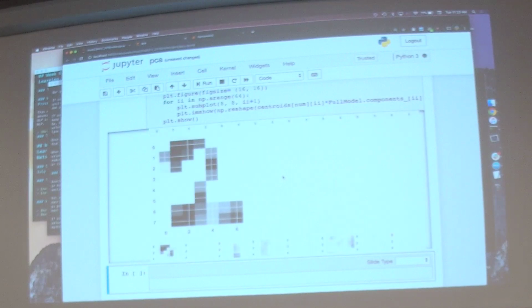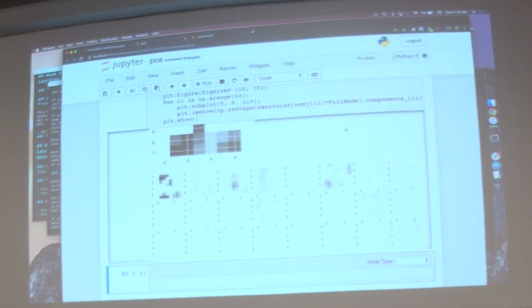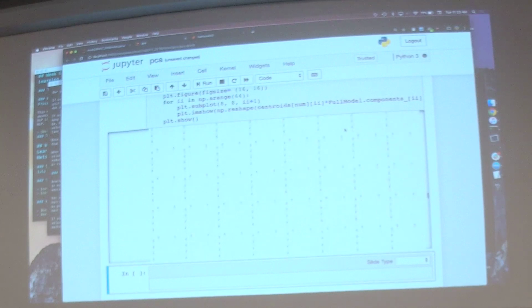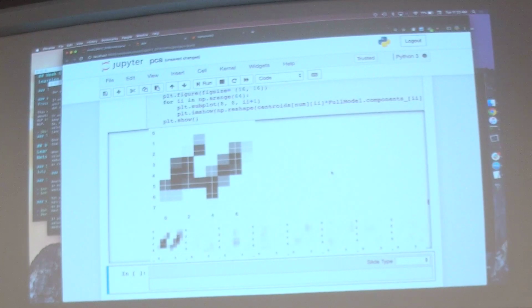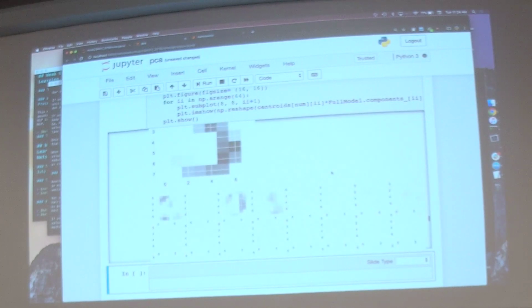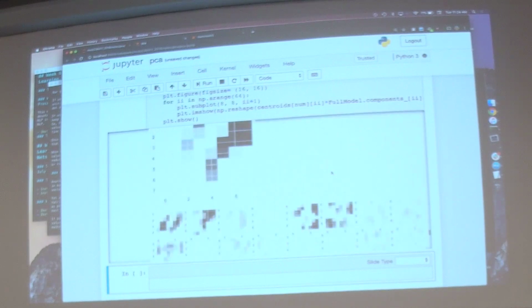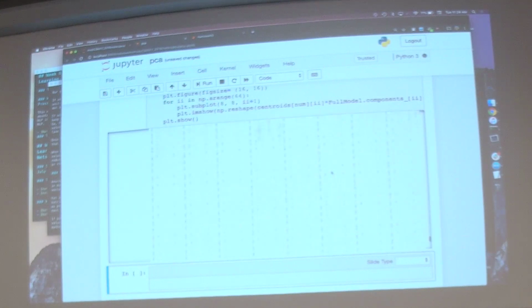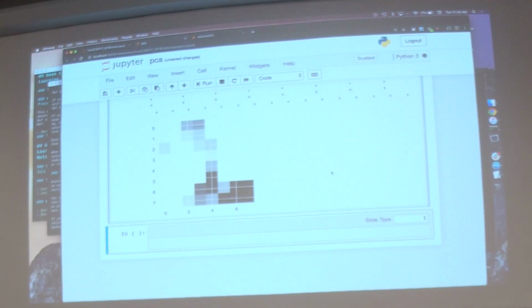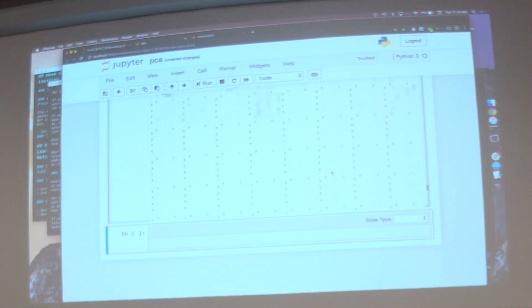The 2 is a mixture of these ones. I assume that's a 4. Not sure about that. Other 2. So it doesn't look like it was perfect, but hopefully this gives you an intuition for what's going on.